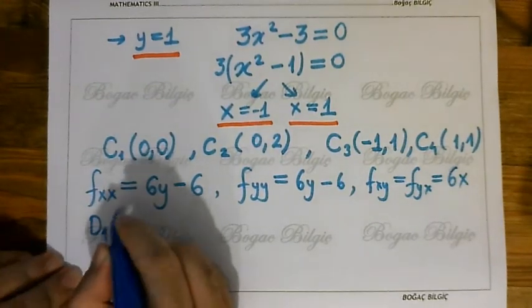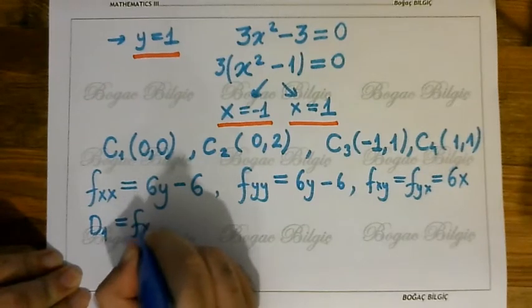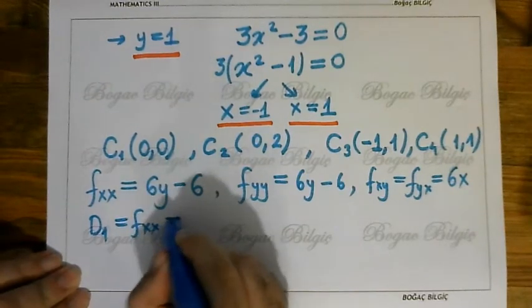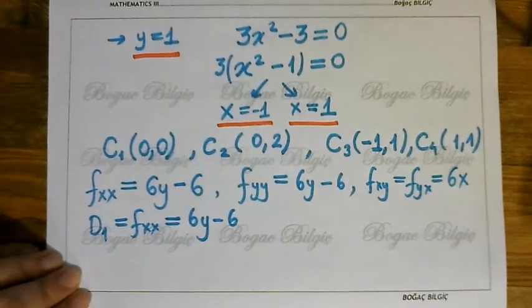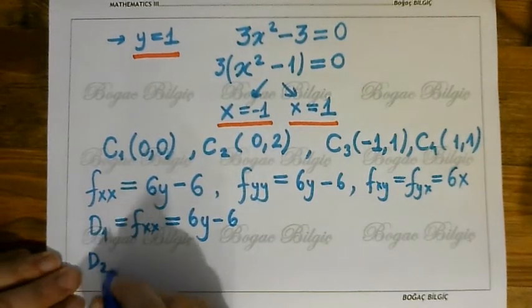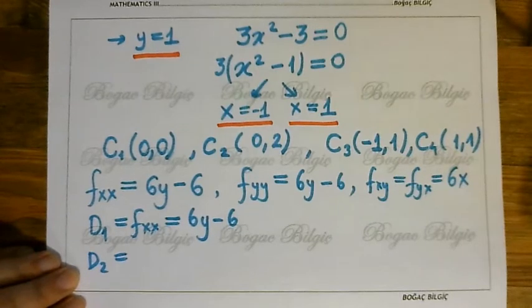So D1 is equal to fxx, so is equal to 6y minus 6. D2 is the determinant.